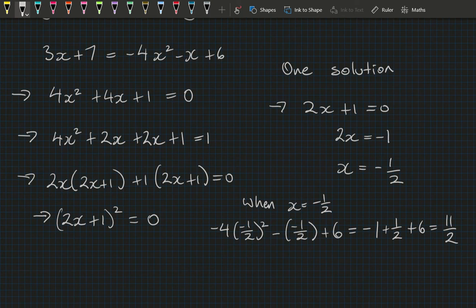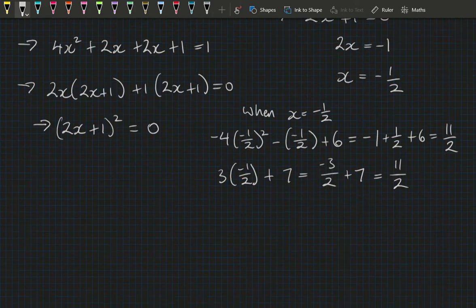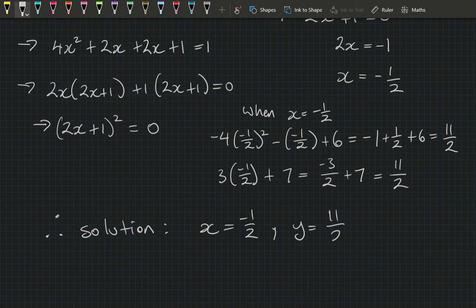And if I sub minus a half into the linear equation, I get 3 times minus a half plus 7, which is equal to minus 3 on 2 plus 7, which is also equal to 11 on 2. So that's pretty sweet. We've got the same answer there for both equations. So therefore our solution is x equals minus a half and y equals 11 on 2.